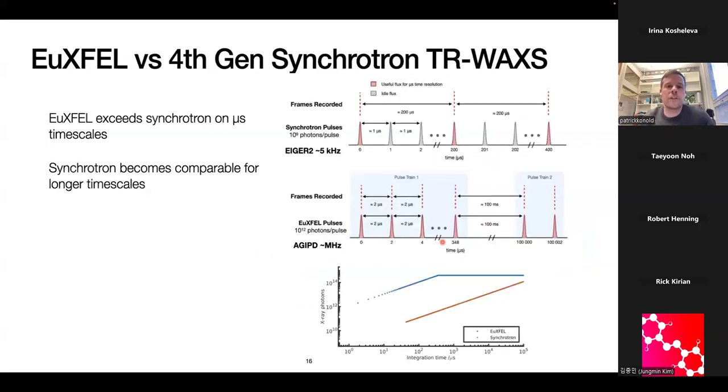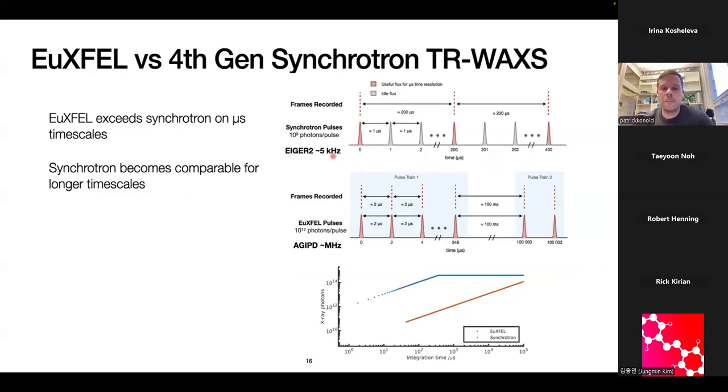So I wanted to point out a couple of things. It was how we rationalize the difference in signal quality between the XFEL and a 4th generation synchrotron or a synchrotron source. Mainly this comes down to the usable flux.